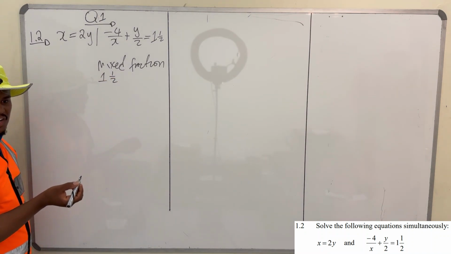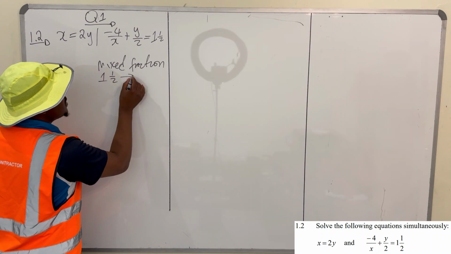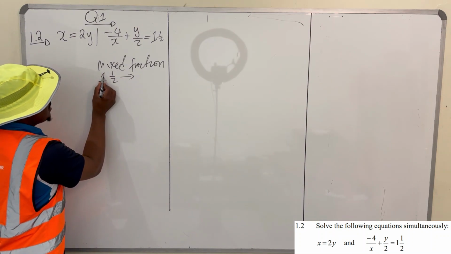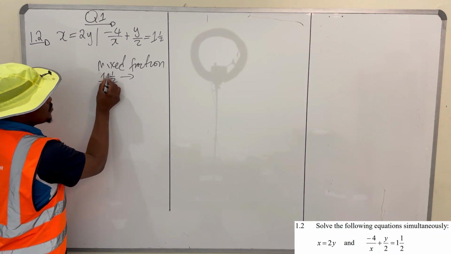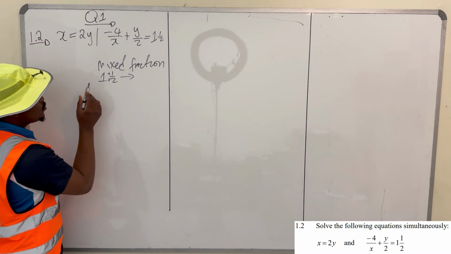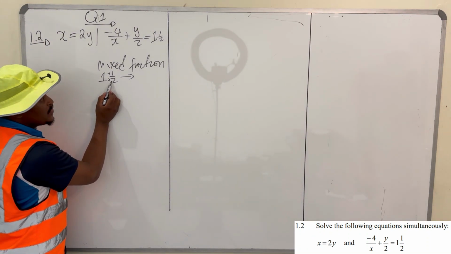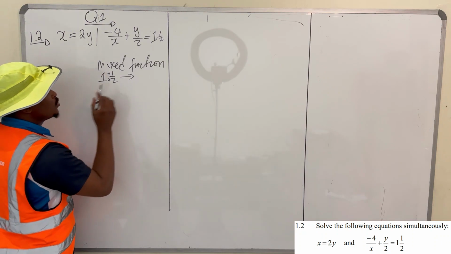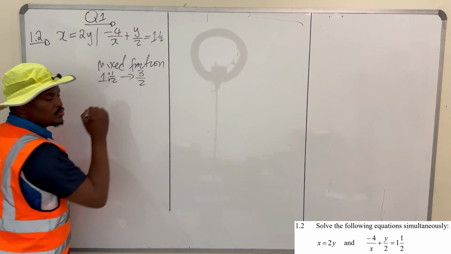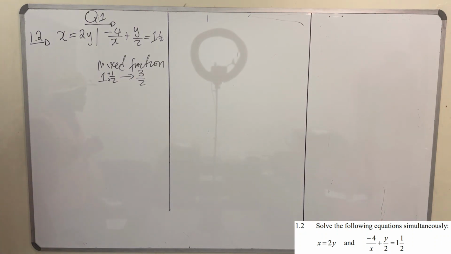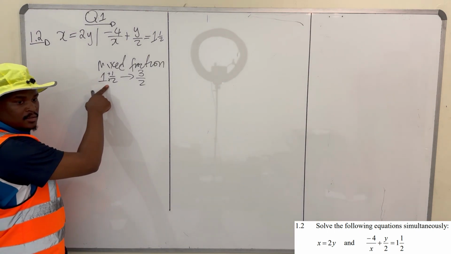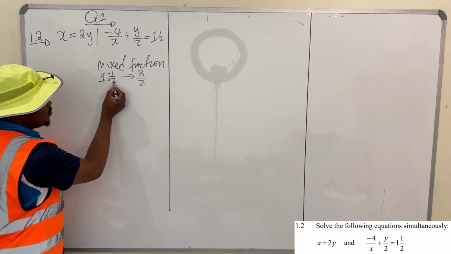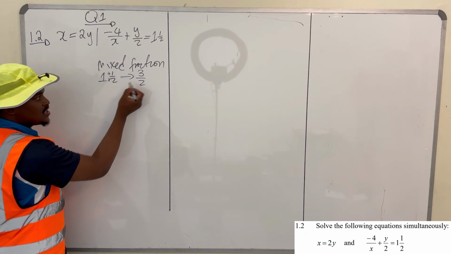So you can punch it directly on your calculator, or you can calculate it yourself. You can say 1 times the denominator 2, then you add the top one, so it's 3 over 2. This is a mixed fraction. 1 times 2 is 2, then add 1, it's 3 over 2.